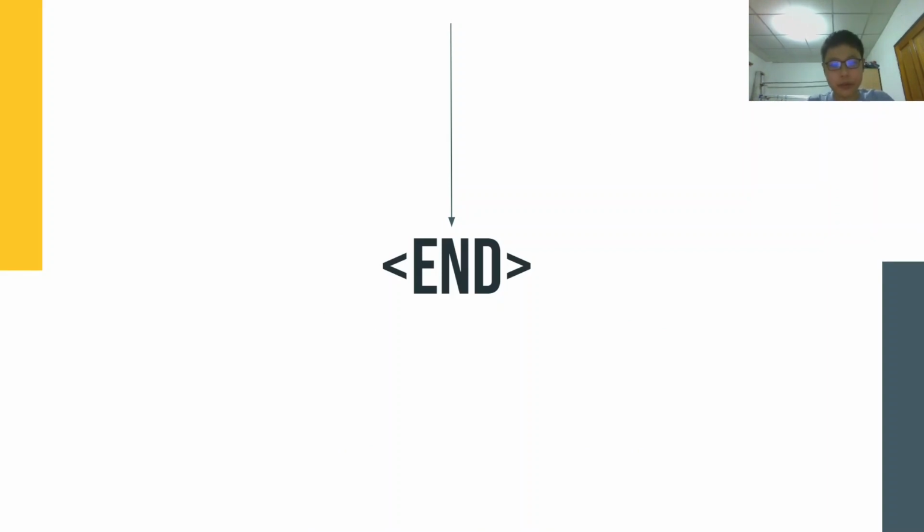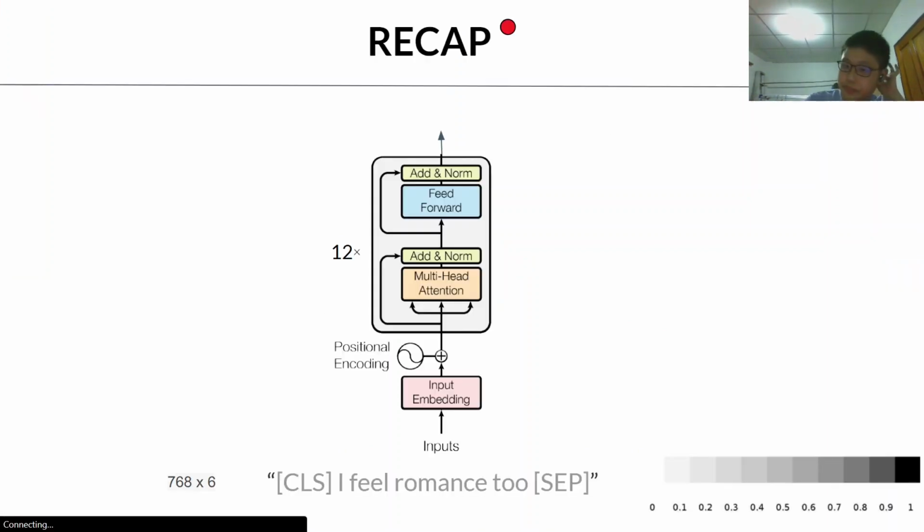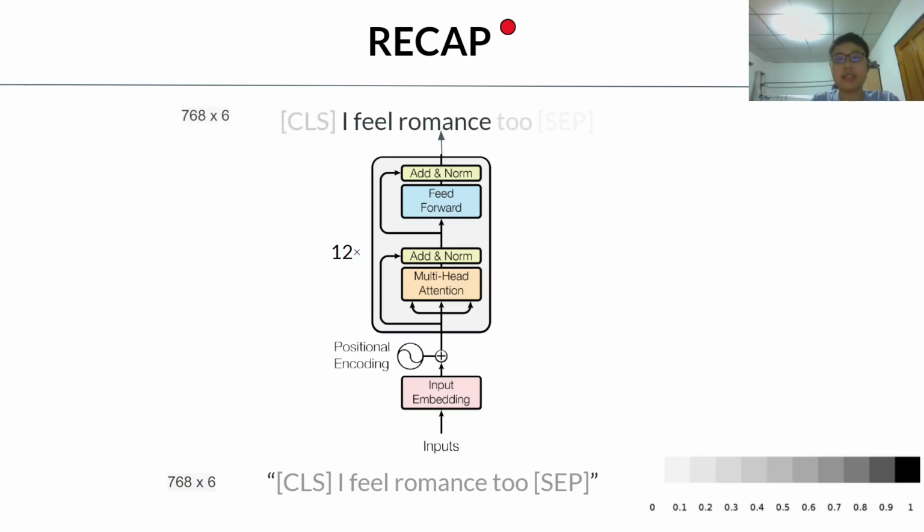It looks simple, right? Okay, let me recap again. So first of all, our input here is the below: "I feel romance too." Once we put it into our BERT model, then what is returned will look something like this. It will assign the weight for each word not equally.